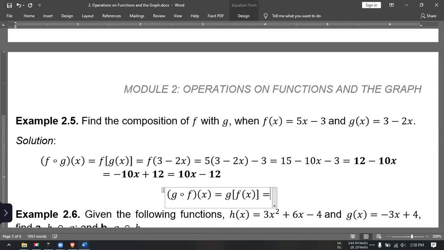This time you will be using the function f to replace every x variable in g. So our g here is 3 minus 2x, no?